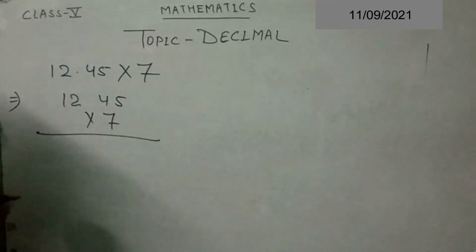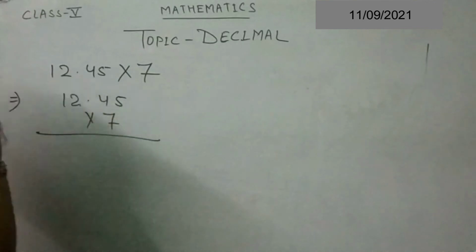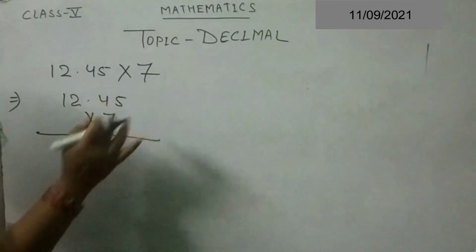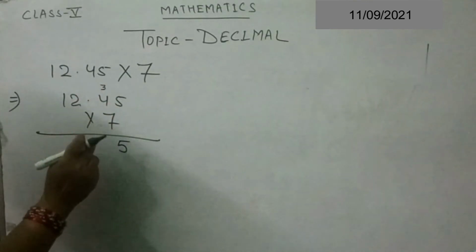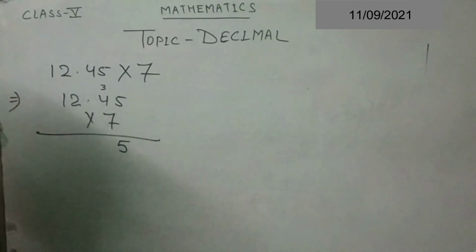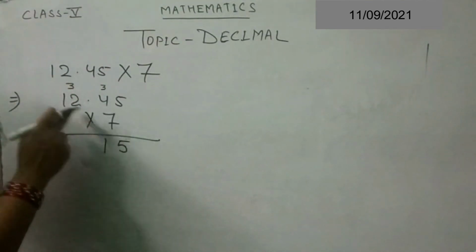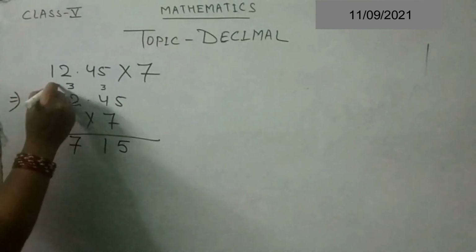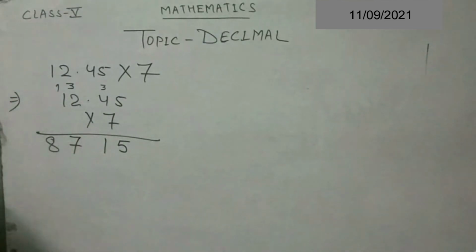Means during the multiplication time you have to forget these decimal points. Don't remember these points and simply multiply. 7 5s are 35. What is the carry here? 3. Then 7 4s are 28, 29, 30, 31. 1, and what is the carry here? 3. 7 2s are 14 plus 3, 17. 1 is the carry here. 7 1s are 7 and 1 is 8.